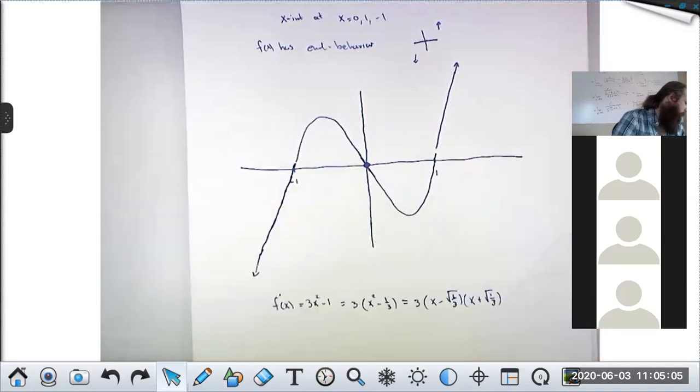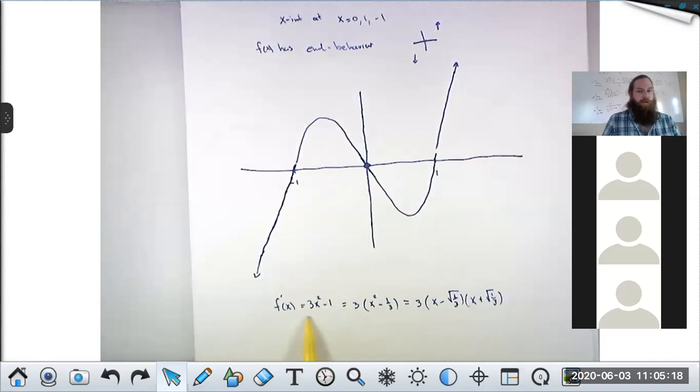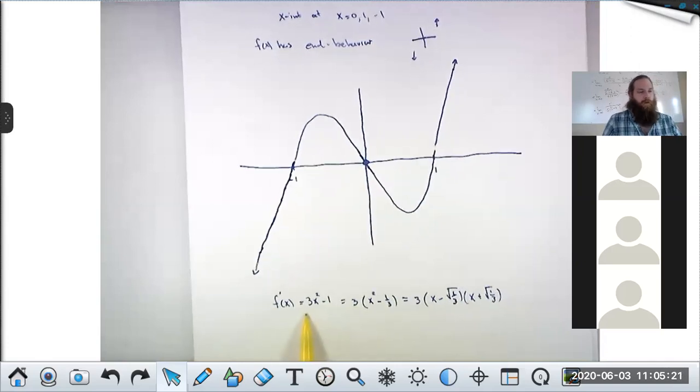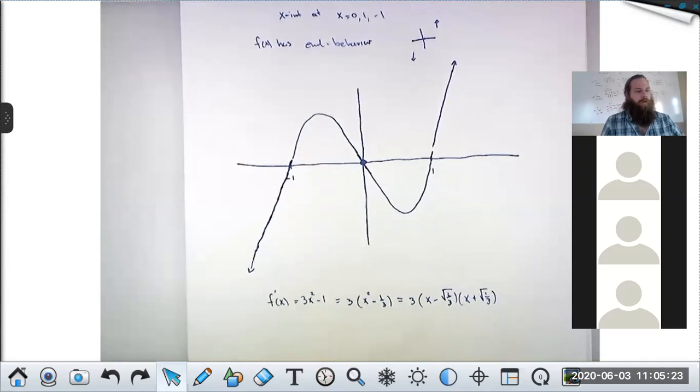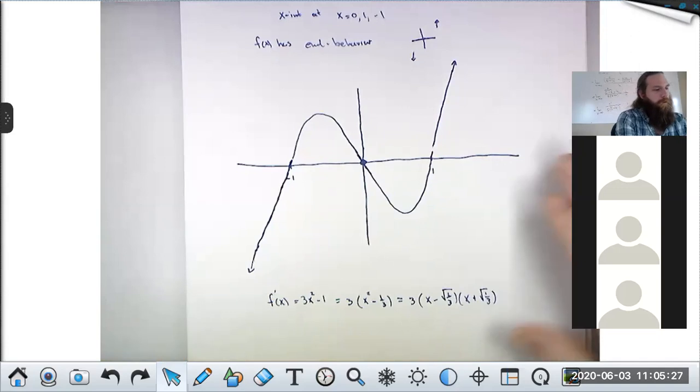So f prime, and I will use a pencil to draw the graph of f prime, is a parabola. It opens up because the lead coefficient here is positive, and it has roots at plus and minus the square root of 1/3. Now you can be forgiven if you don't know where plus and minus square root of 1/3 are.